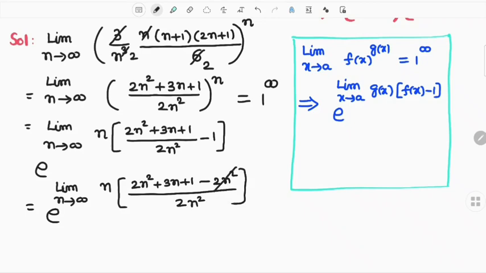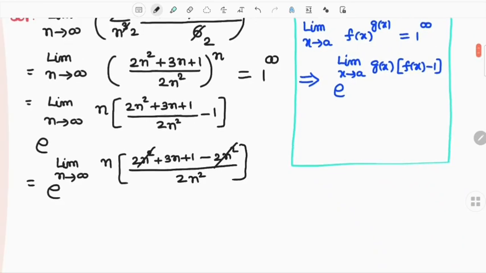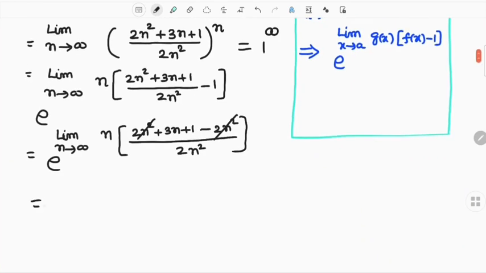Here the 2n square and minus 2n square get cancelled. The remaining terms: e power limit n tends to infinity of n into 3n plus 1, so 3n square plus n, divided by 2n square.